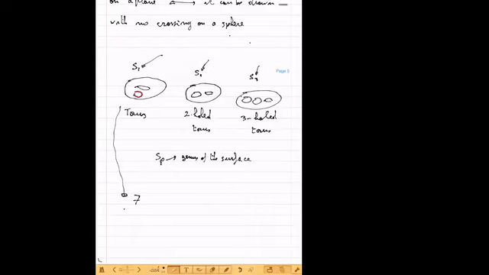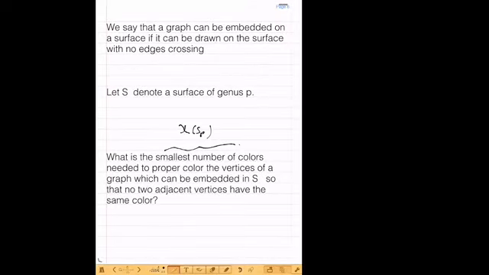In fact, this is the general definition, just to formalize what I said. Now the question is, what is the smallest number of colors needed to properly color the vertices of a graph which can be embedded in S sub p, with the same requirement, so that no two adjacent vertices have the same color?